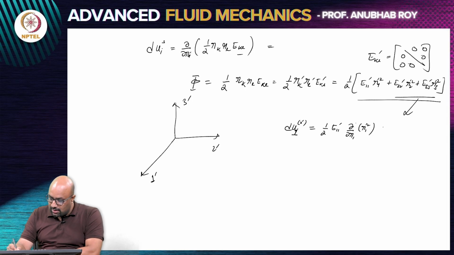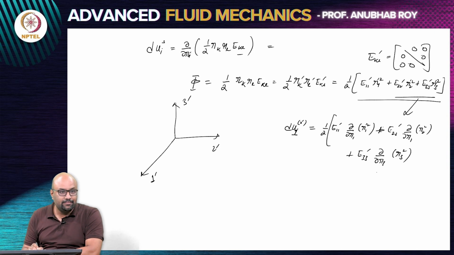So, this is E22 prime ∂/∂r1 of r2 squared, E33 prime ∂/∂r1 of r3 squared. Now, these are 0.